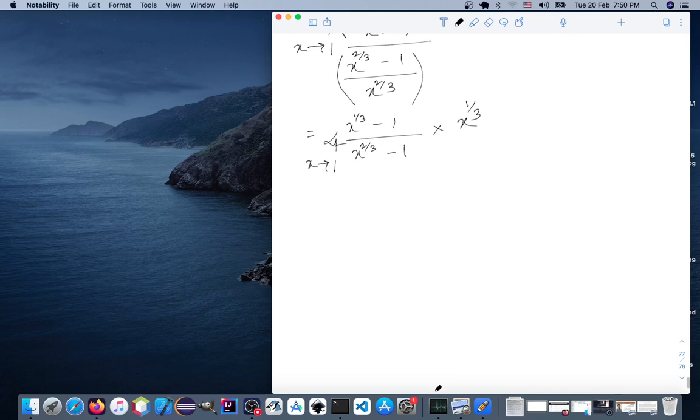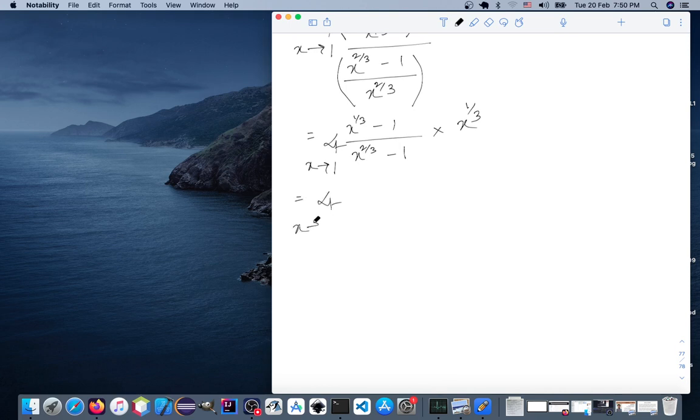Now this we can rewrite as, so this is x to the power 2/3, we can write it as the square of x to the power 1/3. So minus 1, we can rewrite this as 1 to the power 3 square minus square. This becomes x to the power 1/3 minus 1.